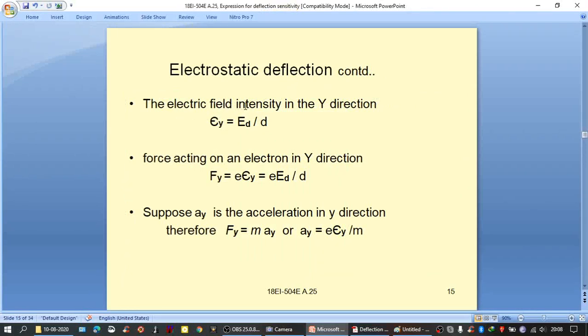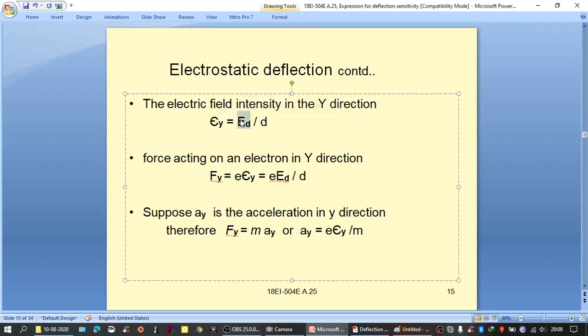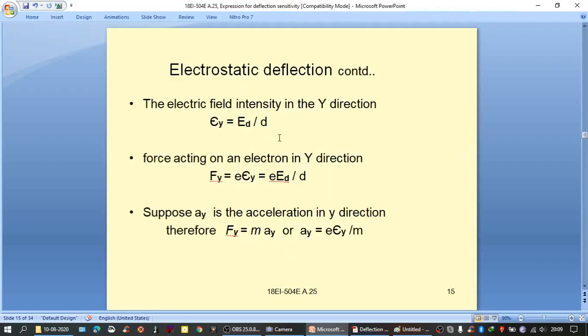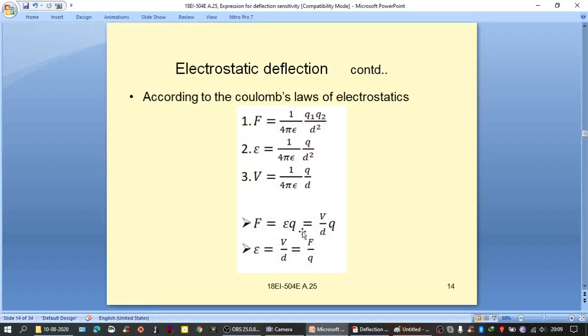the electric field intensity in the y direction, we know that the potential in the y direction is ED. So what is the electric field intensity? EY is equal to V by D. In this case, here it is ED by D. Now force acting on an electron in y direction, Fy, is equal to E into Q here.